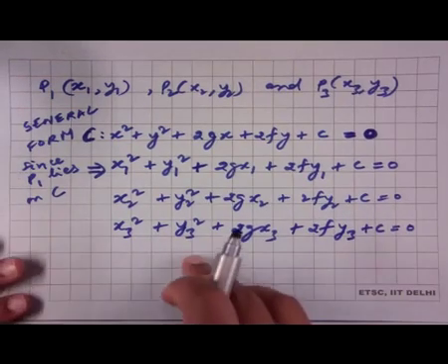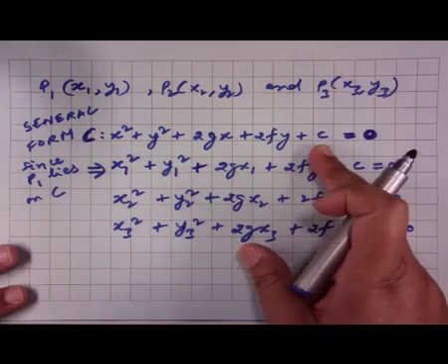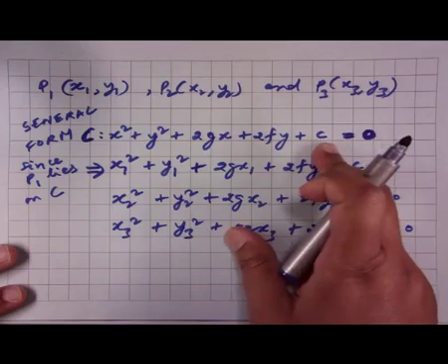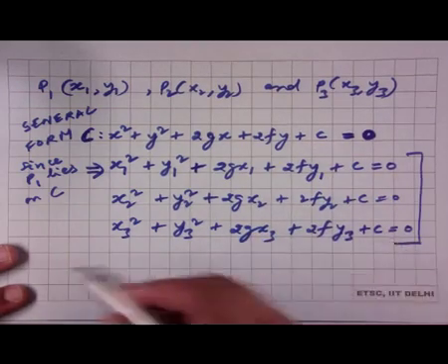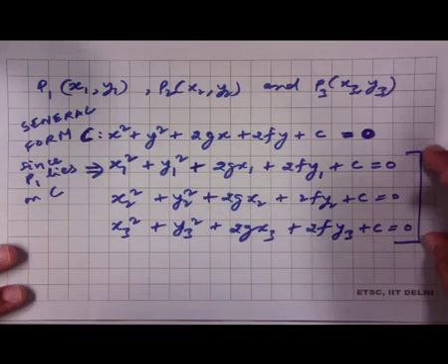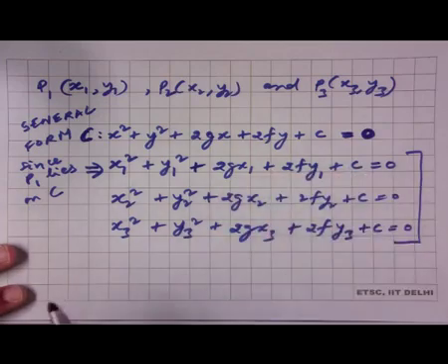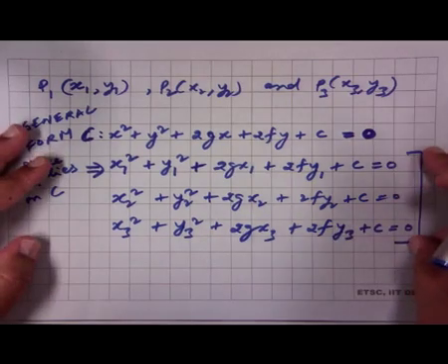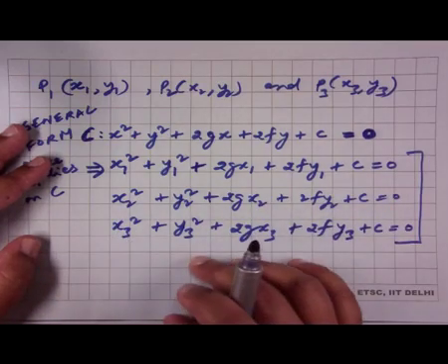Now, to completely describe this circle, we have 3 unknowns, and they are G, F and C. And what we have is 3 equations, all of them linear in G, F and C. Hence, here we have a linear system of 3 equations in 3 unknowns, and therefore, we should be able to solve it.